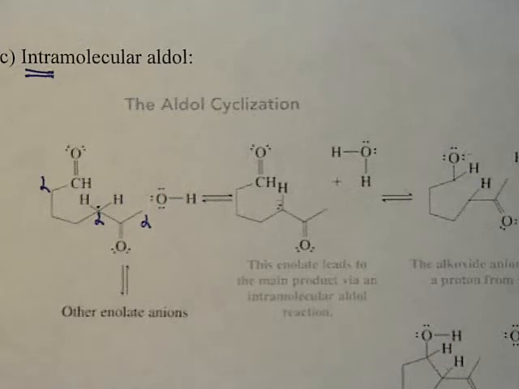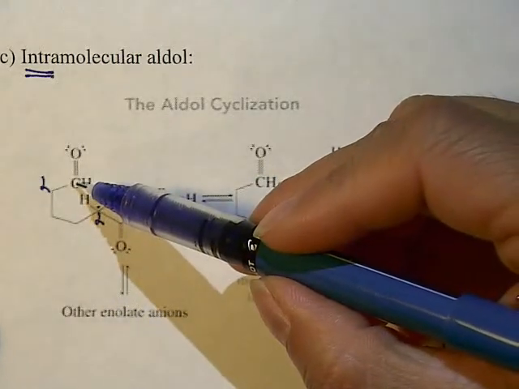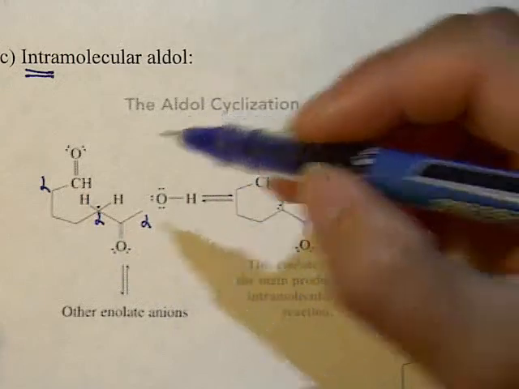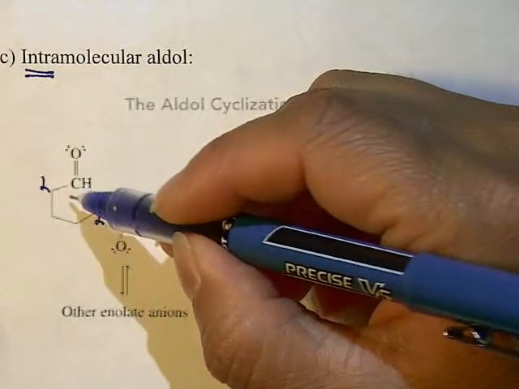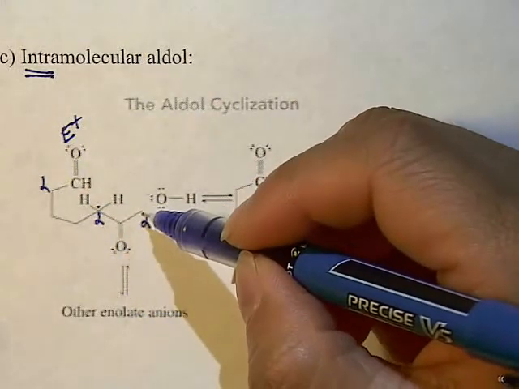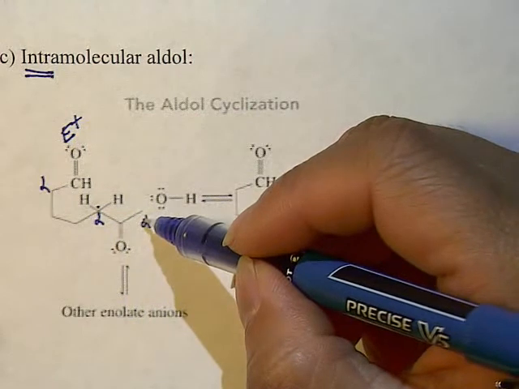You know that the aldehyde is more reactive because it's sterically less hindered, and you have less electron density contributing toward this carbonyl, so this carbon is more electrophilic. So this is probably going to serve as my electrophile, which means that I have a choice between do I deprotonate here or do I deprotonate here.